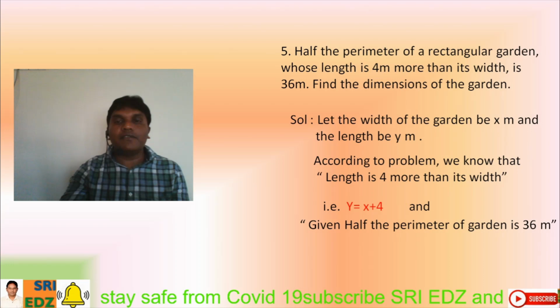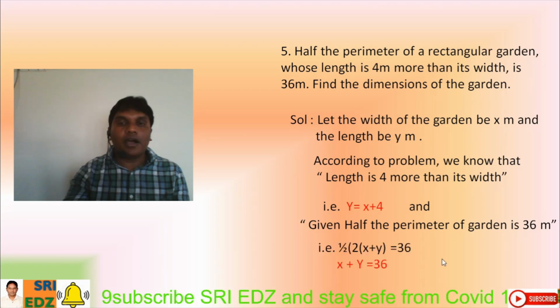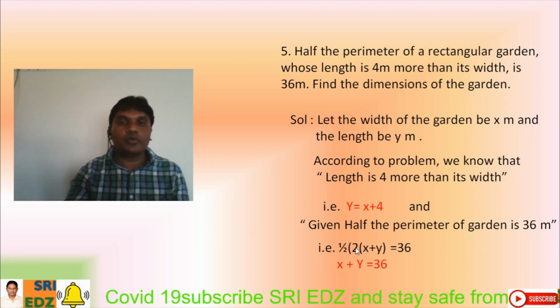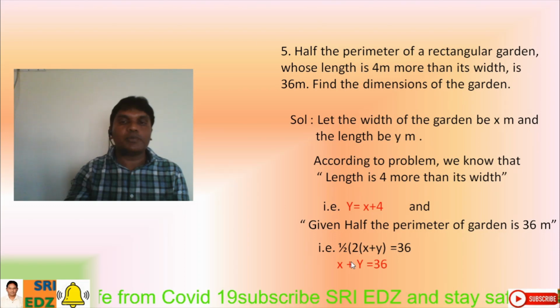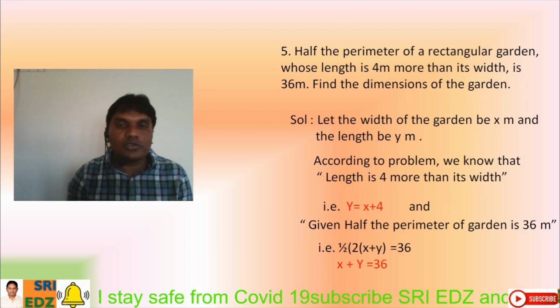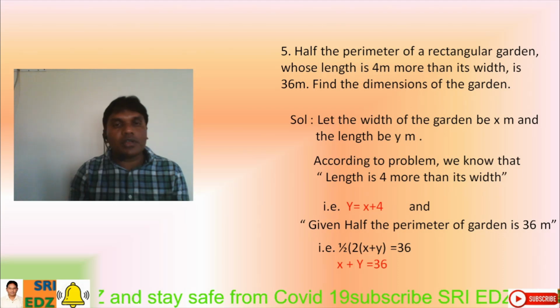In the half, there is 2 in the denominator and 2 in the numerator, they will be cancelled, and x plus y is equal to 36 will remain. So we got two equations here. To solve any pair of linear equations, we should have two equations. That means y is equal to x plus 4 and x plus y is equal to 36.